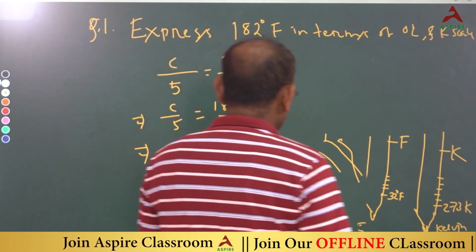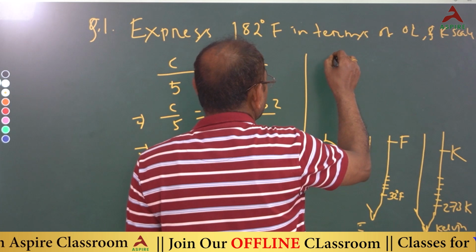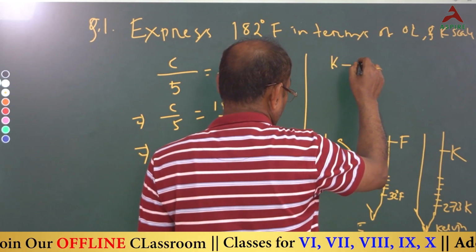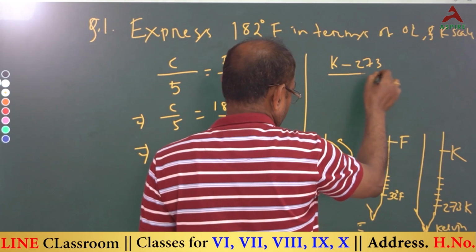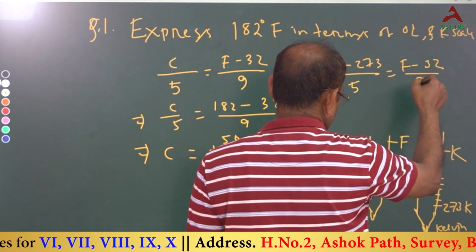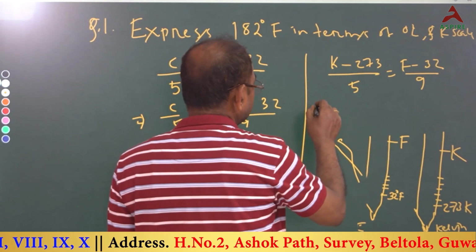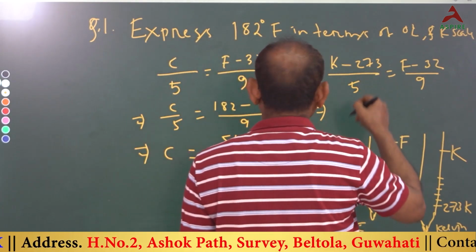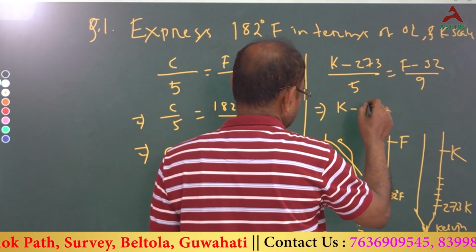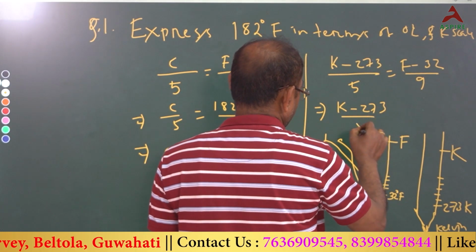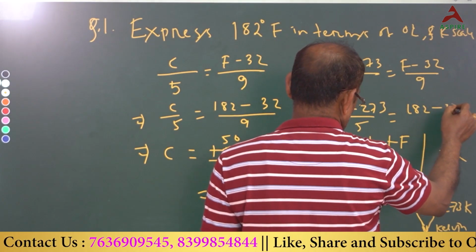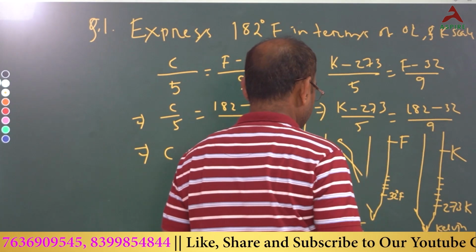Again, we know that K minus 273 by 5 equals F minus 32 by 9. Here F is the same, 182 degree Fahrenheit is given, and we have to find K. K minus 273 by 5 equals 182 minus 32 by 9.